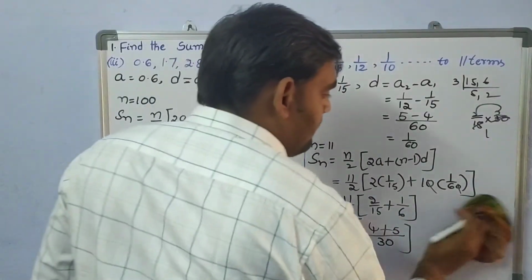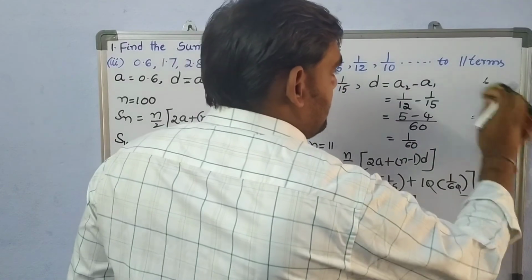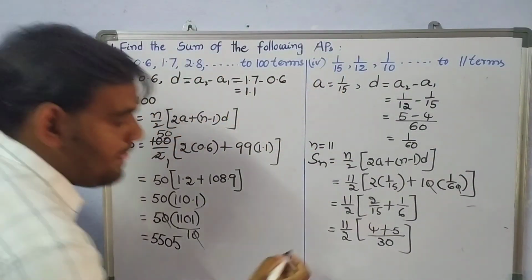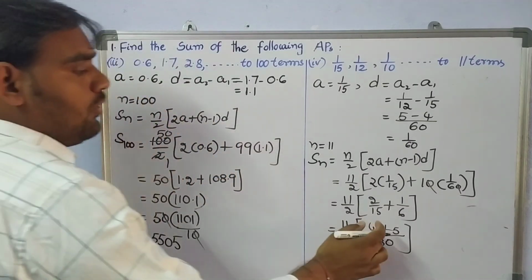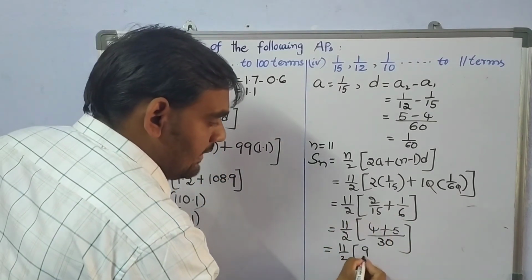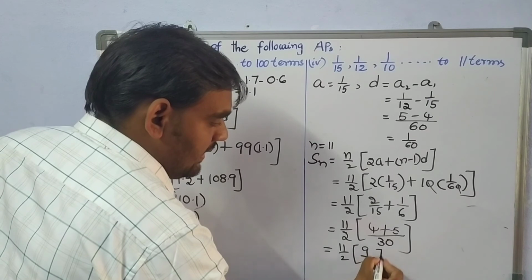After that, see here, 11 by 2 into 4 plus 5, 9. 9 by 30.